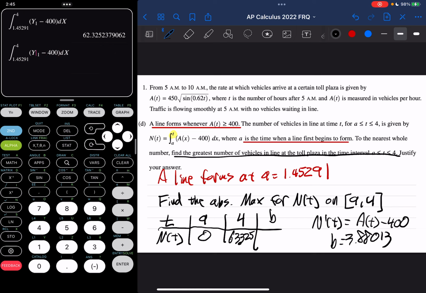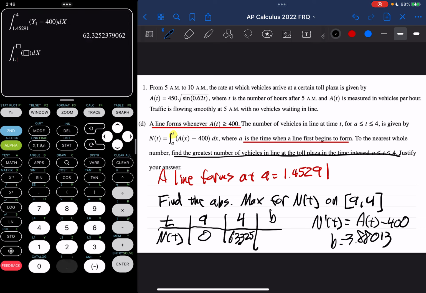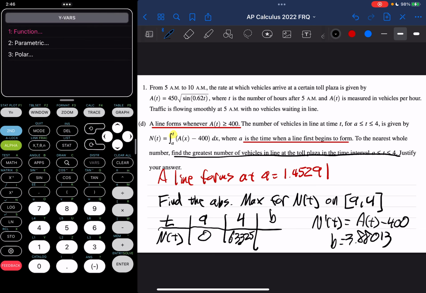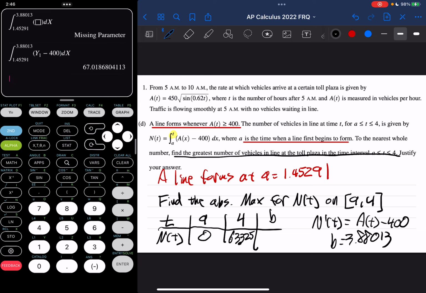So now instead of 4, whoops, I'll call that back. All right, deleted that, so I'll just type it in again. 1.45291 for my lower limit, and then for my upper limit, 3.88013. Oops. y1 minus 400 dx.